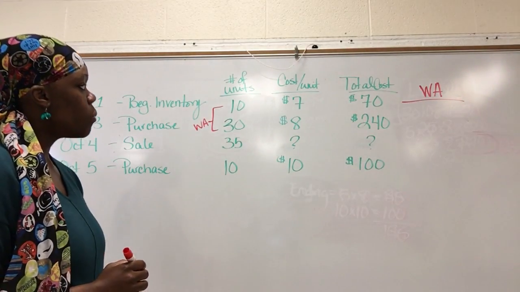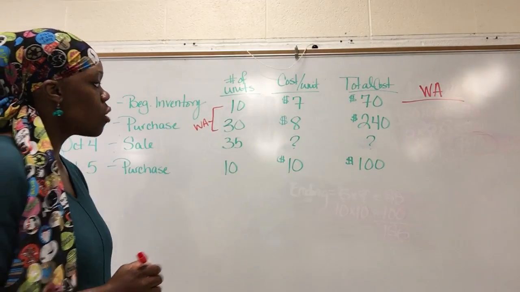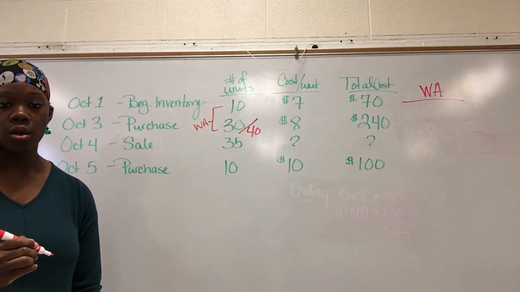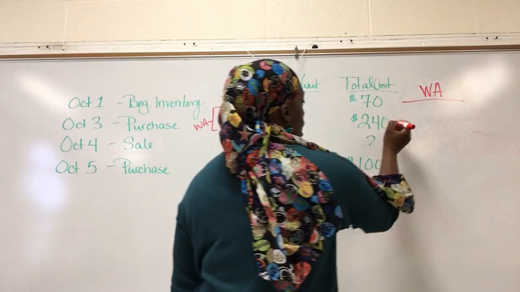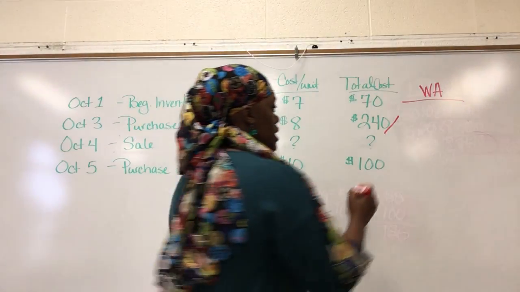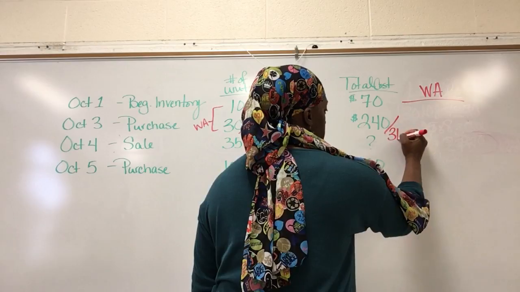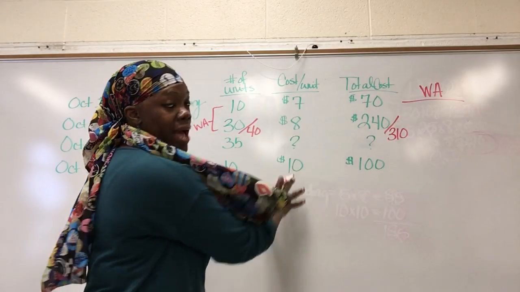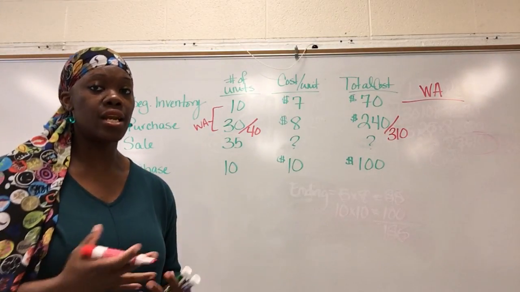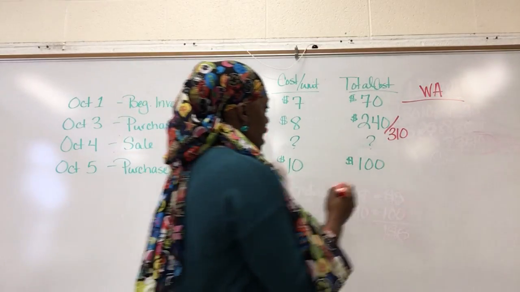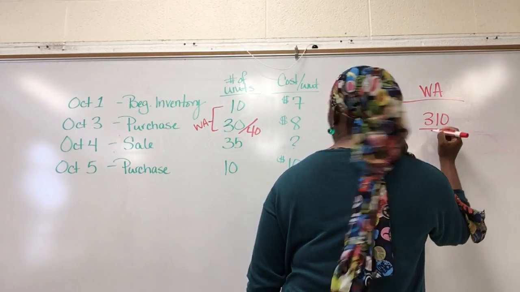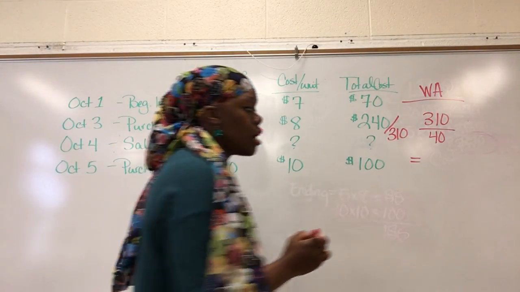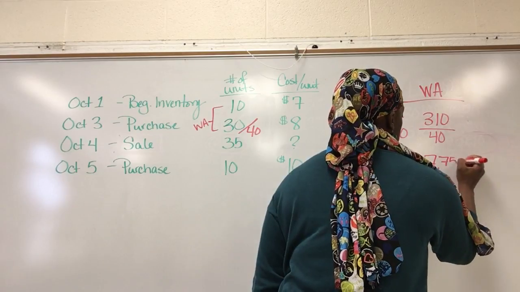The way we do it is we add up the total number of units, which gives us 40 units, and then we add up the total cost, 70 plus 240, which is 310. We don't add up the cost per unit, because this is a weighted average, so we want to multiply those out. Then we take 310 divided by 40, and that gives us a weighted average cost of $7.75 per unit.